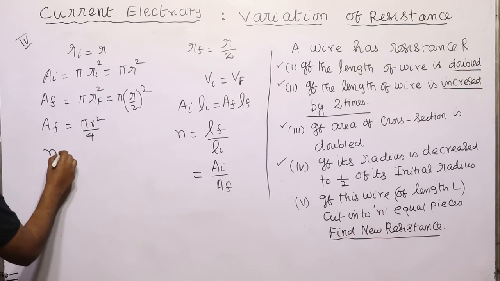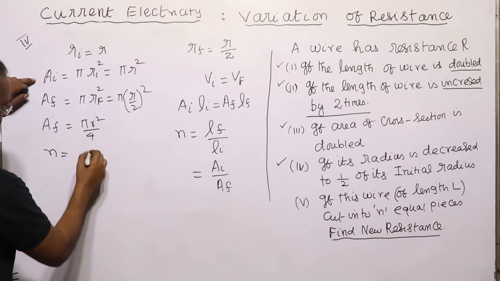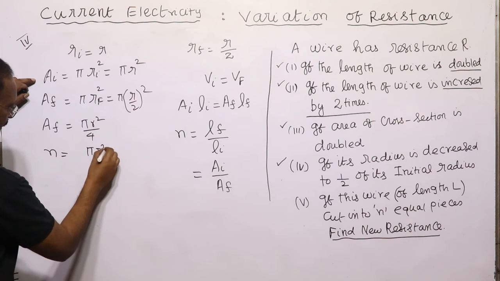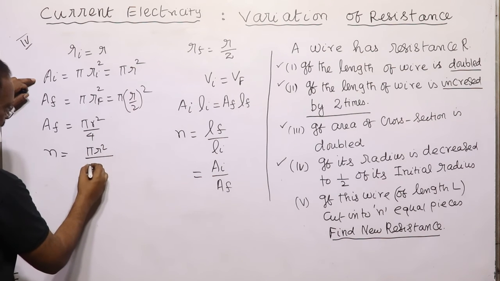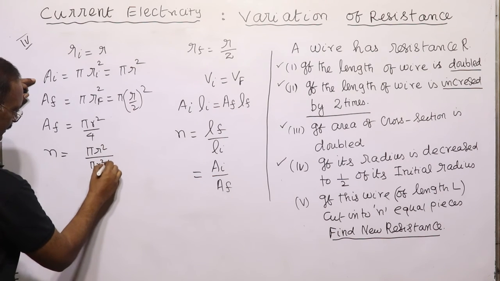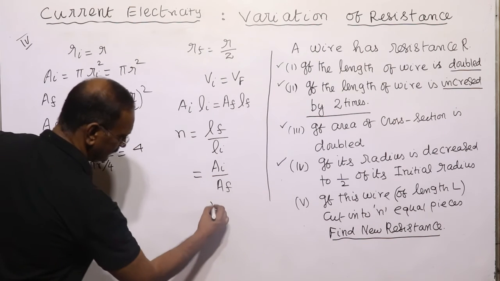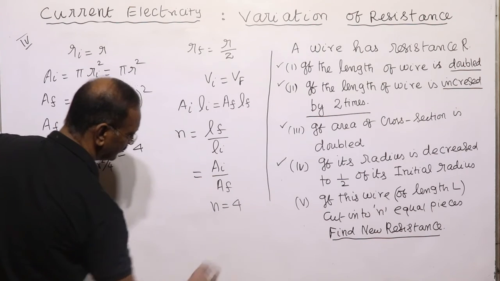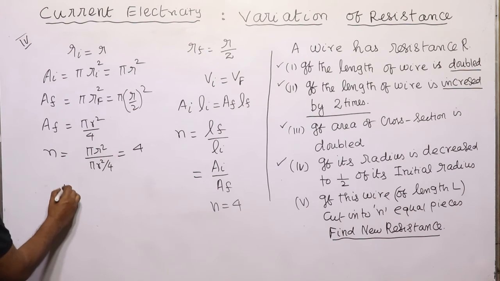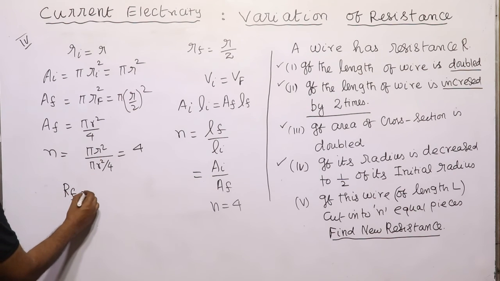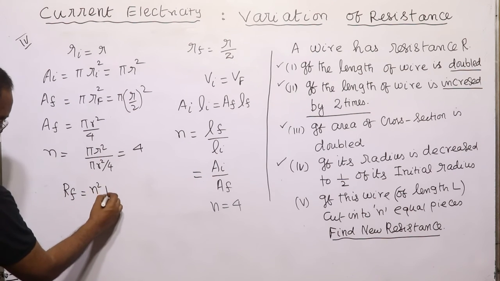Therefore n is equal to area initial, pi r square, divided by pi r square by 4, which is equal to 4. That is, n is equal to 4. And since we got n equal to 4, the final resistance is equal to n square into R initial.